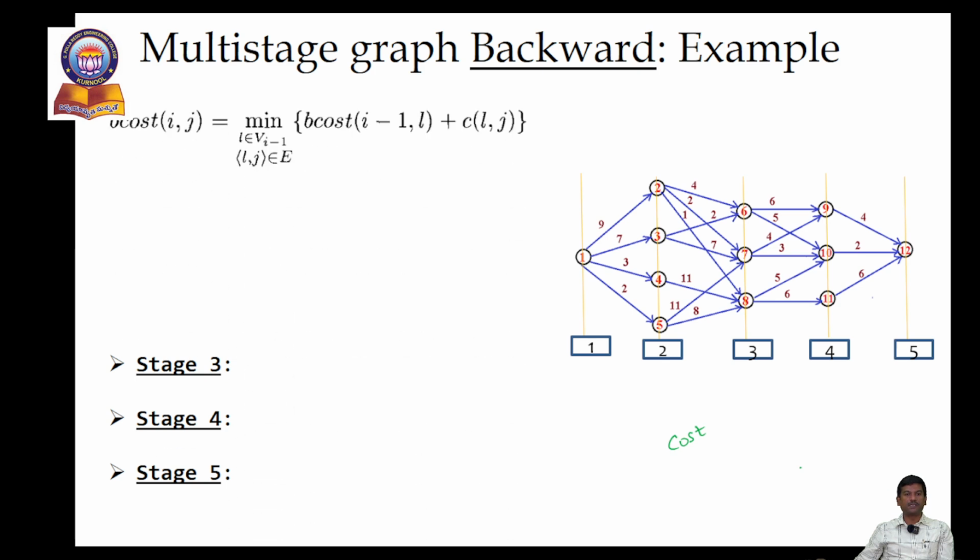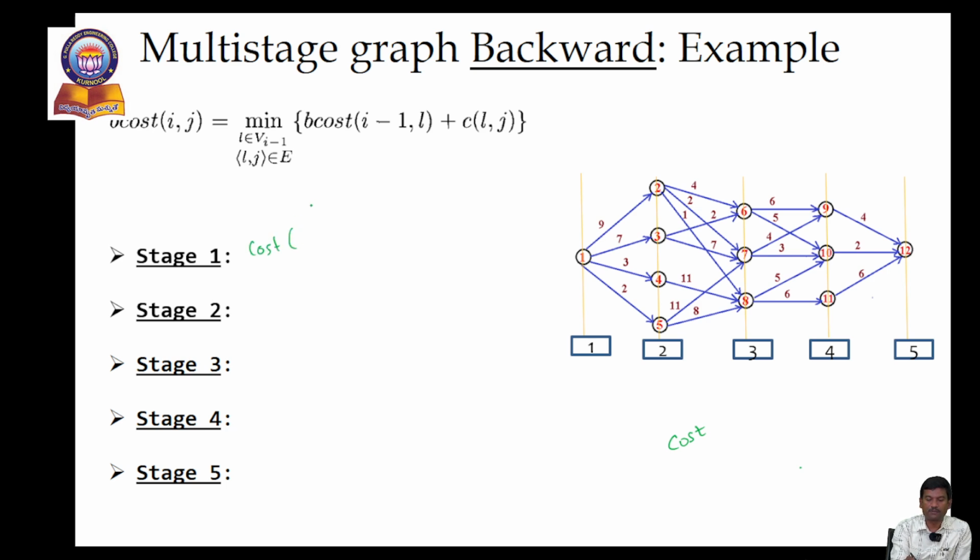So at your stage 1, of course, the formula has been given to find the cost, that is b cost of i comma j equal to min of b cost of i minus 1 comma l plus cost of l comma j. So you need to find the cost at stage 1. So here the stage 1 cost has to be identified. That is b cost, because we are using the b cost, that is backward cost.